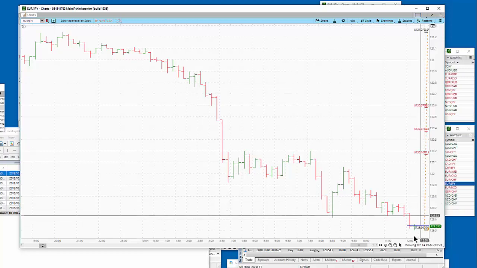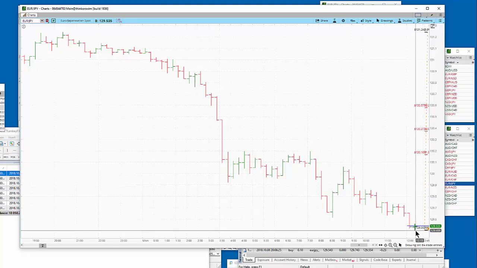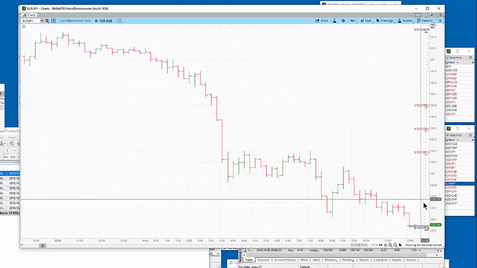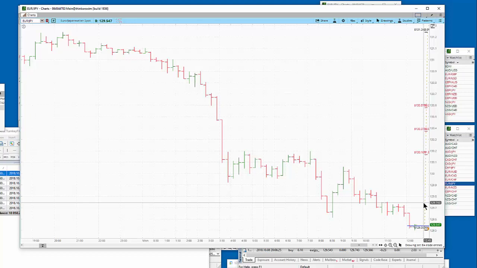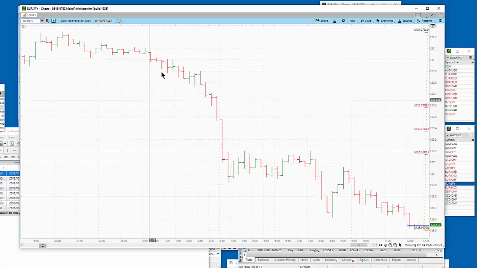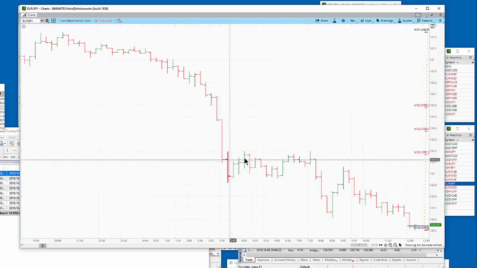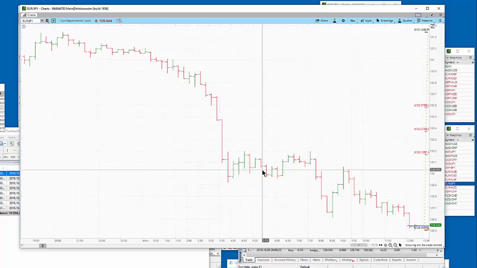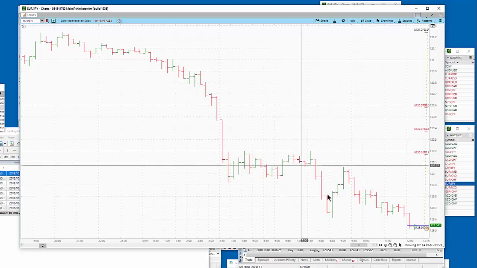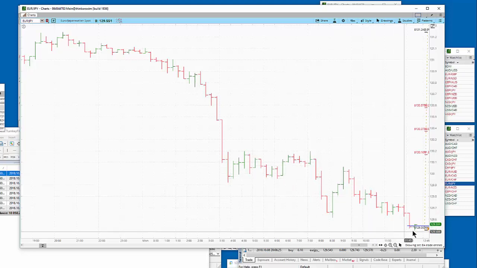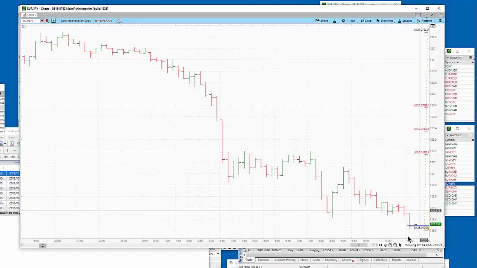Well, if the low that we've had today is, in fact, the low that we're going to have in this trading day, then yeah, I don't think it's going to be an issue to get back up to 129.74, right? Because what does the price do? It goes up and down while it's going up and down, right? So no problem here. I'm not going to be concerned about this trade.